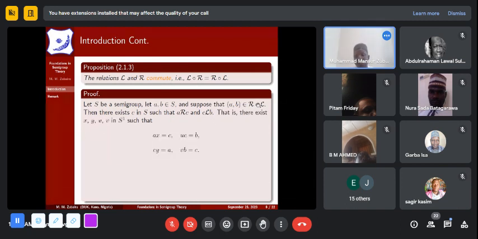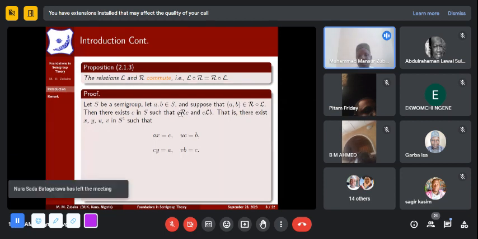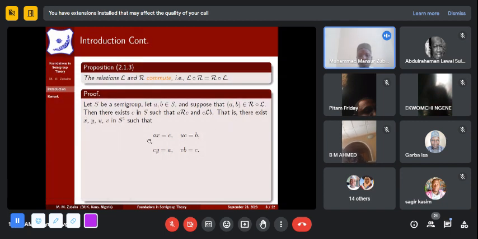And we know from that proposition that if A is R related to C, it means you can find some x, y in S1 such that this equation holds. And if C is L related to B, it means you can find some u, v in S1 such that this equation holds.